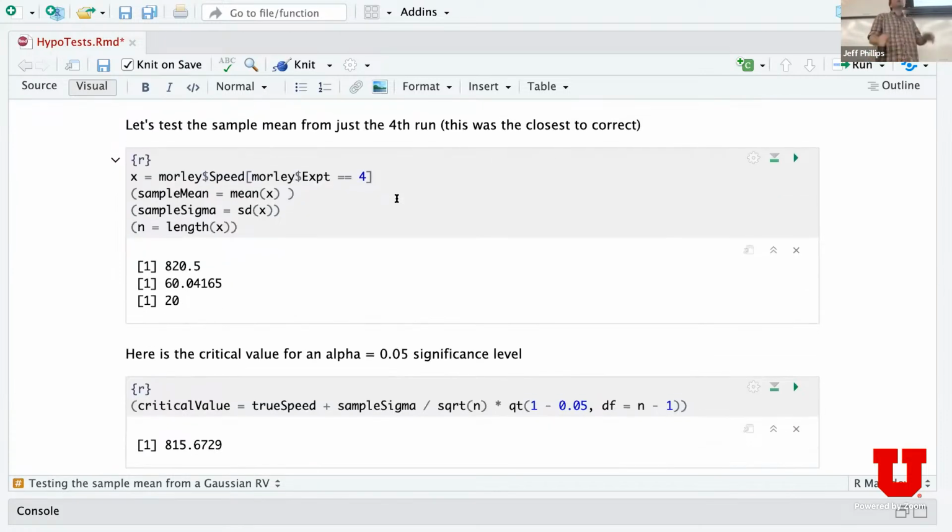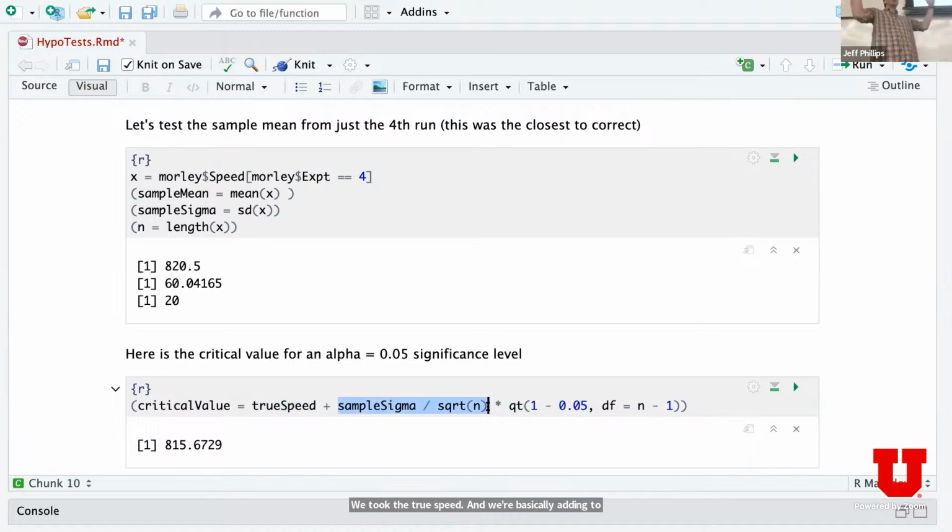How much larger would it need to be than the true speed for whatever they were observing not to be a faithful representation of the true speed of light? So we took the true speed, and for the 95% critical value, we're basically adding to it the sample standard deviation of the average.